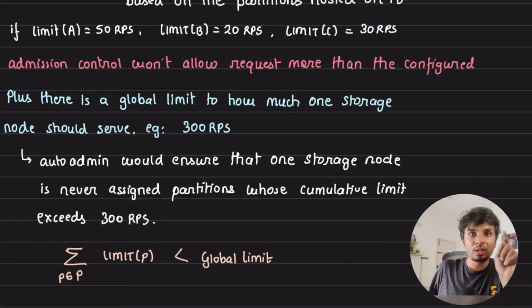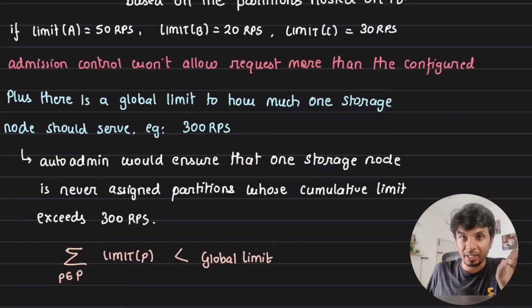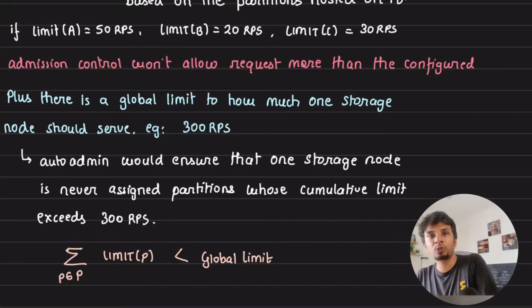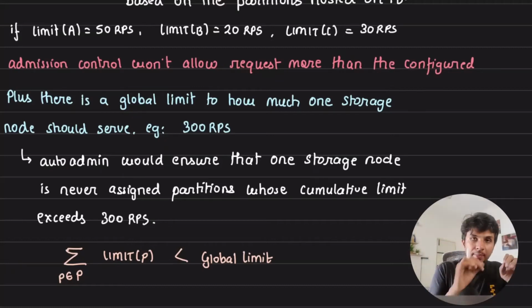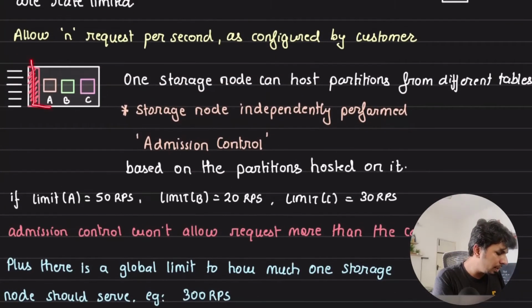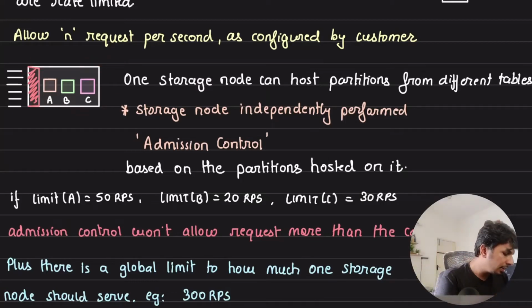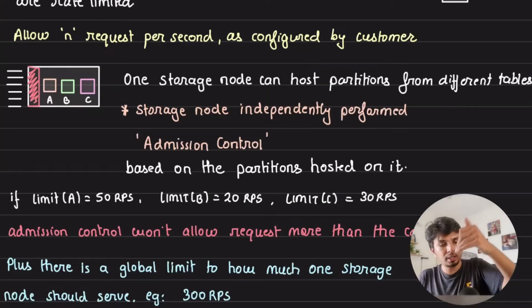So DynamoDB knows how many requests each partition is supposed to handle. So the total global limit of the storage node should always be greater than the summation of the limits of the individual partitions that it is hosting.